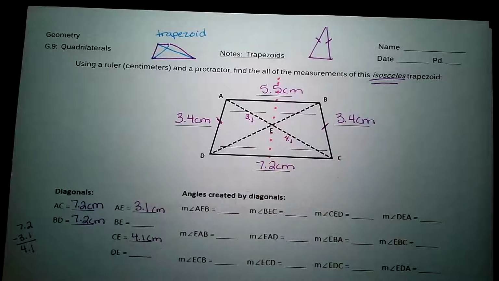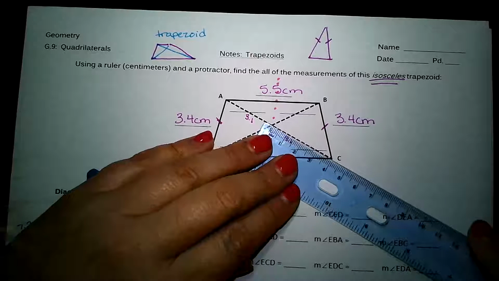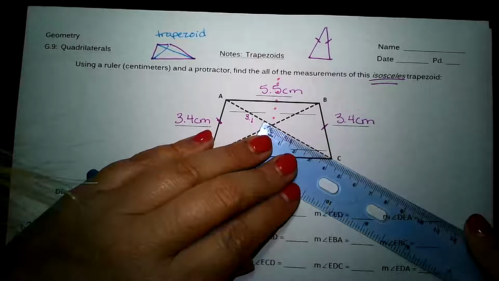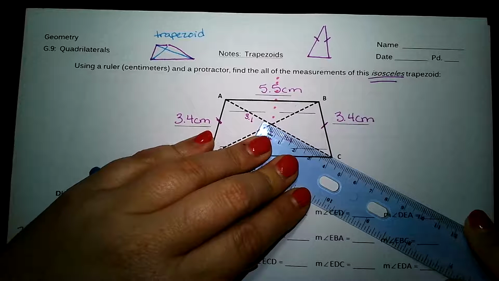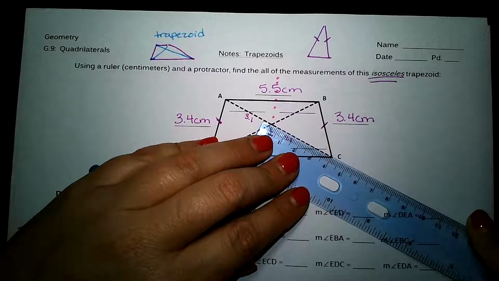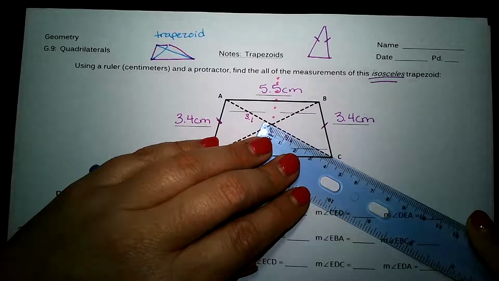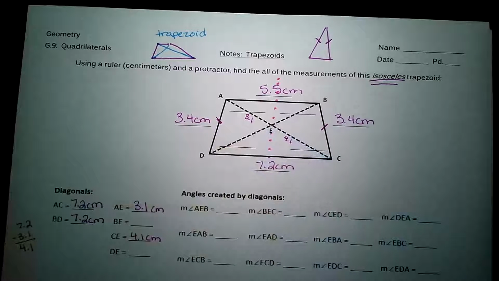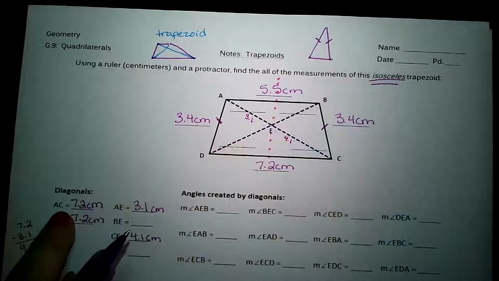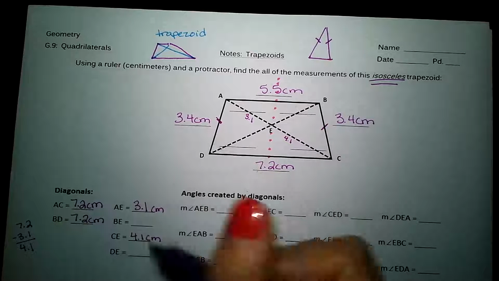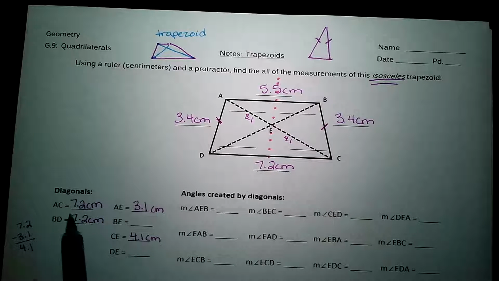Let's confirm. 4.1. Now here we could get a little off with our measurement. If I move my ruler just a little this way, it looks like 4. So here's another situation where I want my measurements to all line up. If I say it's 7.2, then these two pieces need to sum up to 7.2.